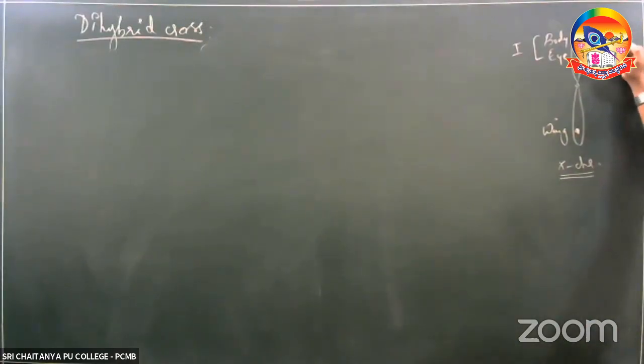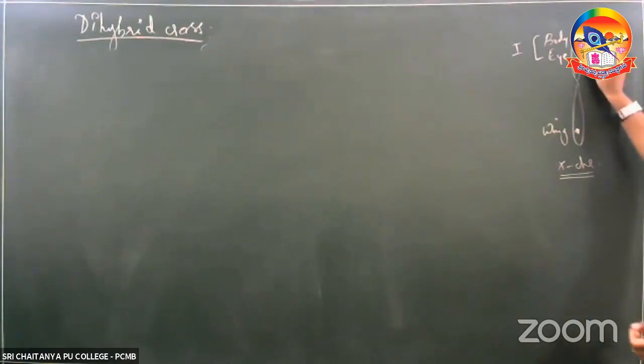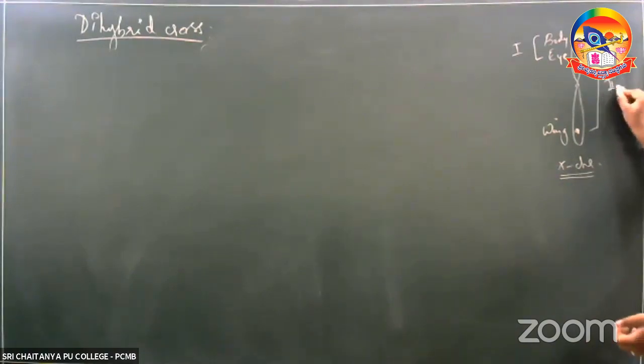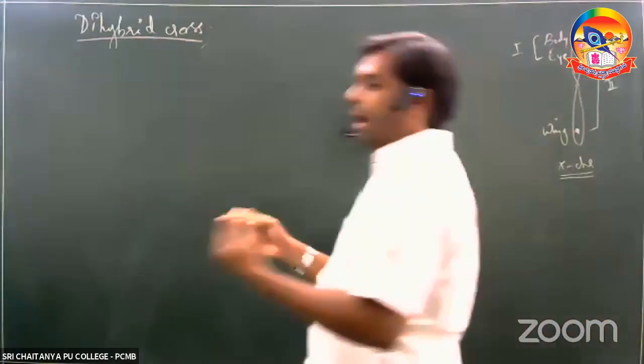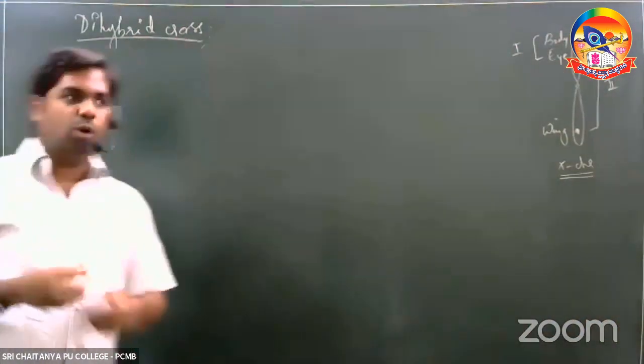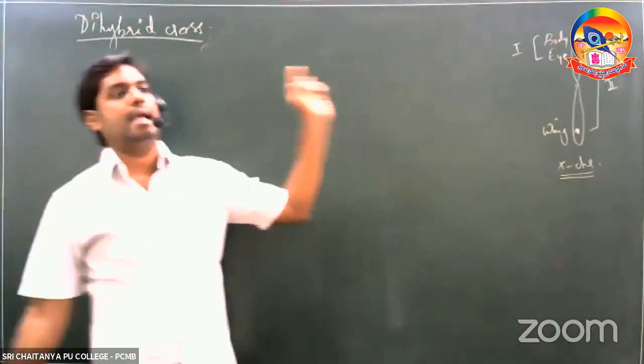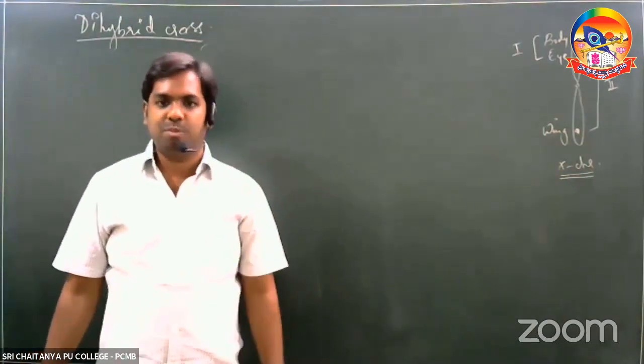In the second cross, he again chose 2 characters, the color of the eye and the size of the wing. In the first cross, the distance between the 2 genes is less. In the second cross, the distance between the 2 genes is more. So he chose the eye color as well as the size of the wing. We have already seen that in the eye color, there are 2 contrasting traits present.